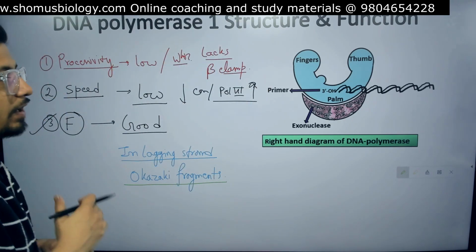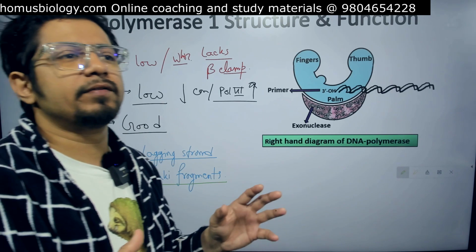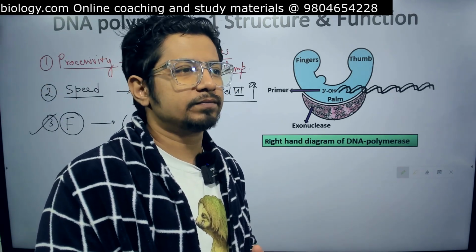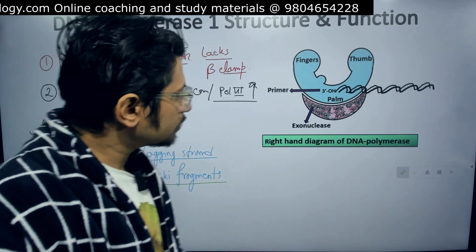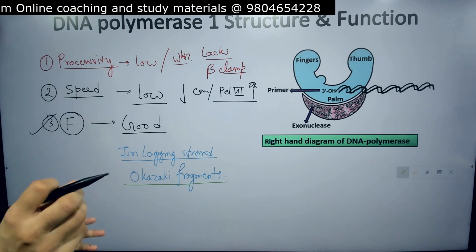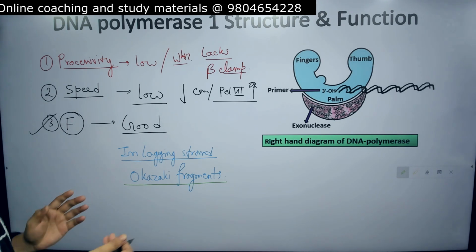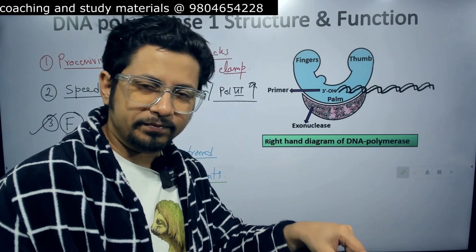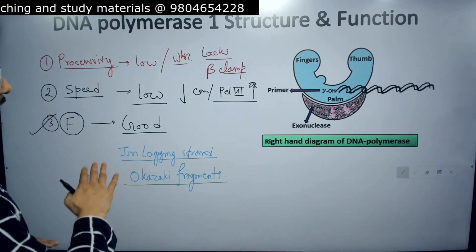But the presence of RNA in DNA is dangerous. It is marked as an error to be fixed. So we need to get rid of those primers, and when we cleave those primers away, gaps are generated. The gaps need to be filled. Those processes are done by DNA polymerase 1.